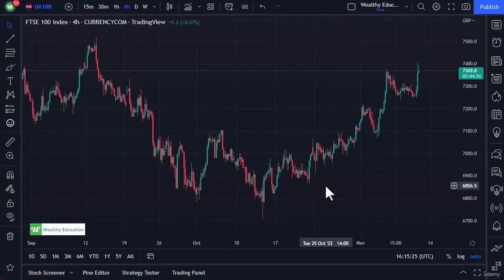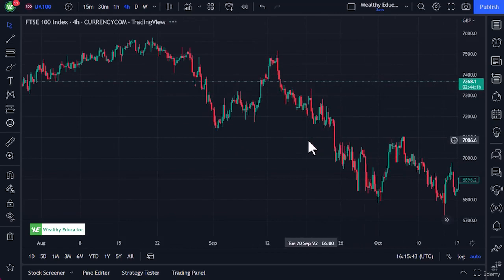So notice how we had been going back and forth here in this little area, and we broke down. Well, that is a confirmed breakdown, or in the other direction, it would be a breakout. But sometimes you get what looks like a serious breakout, and it's a fake out.